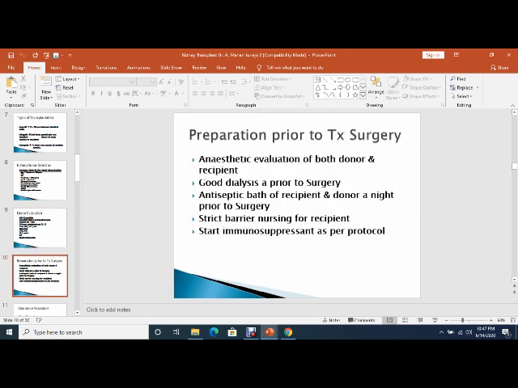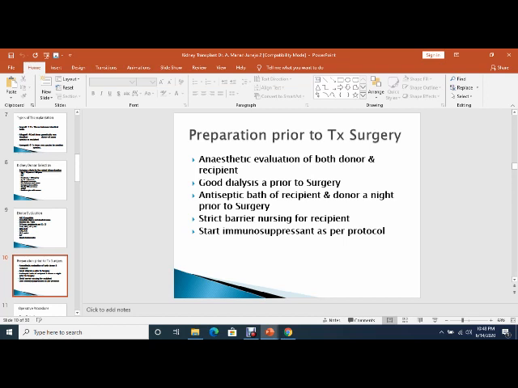Now, how will you prepare the patient for transplant surgery? First of all, anesthetic evaluation of both donor and recipient. You should rule out underlying comorbidities, and good dialysis prior to surgery should be done. Antiseptic bath for recipient and donor at night prior to surgery.